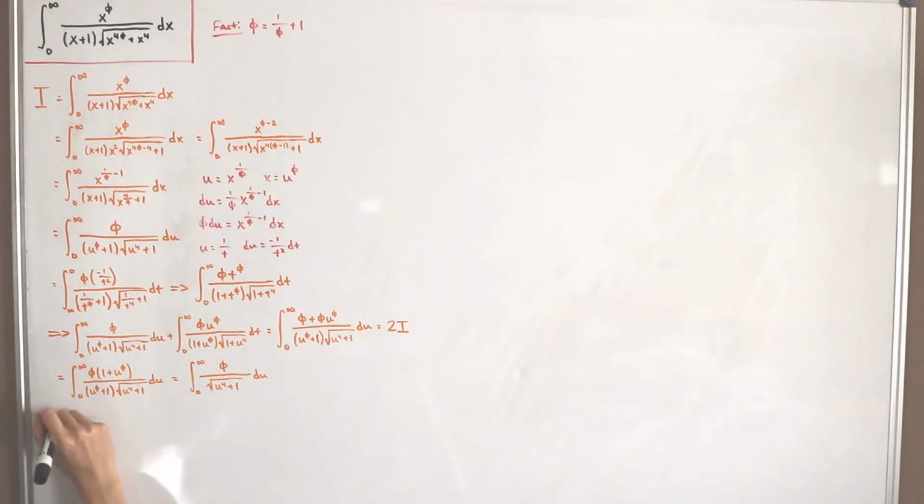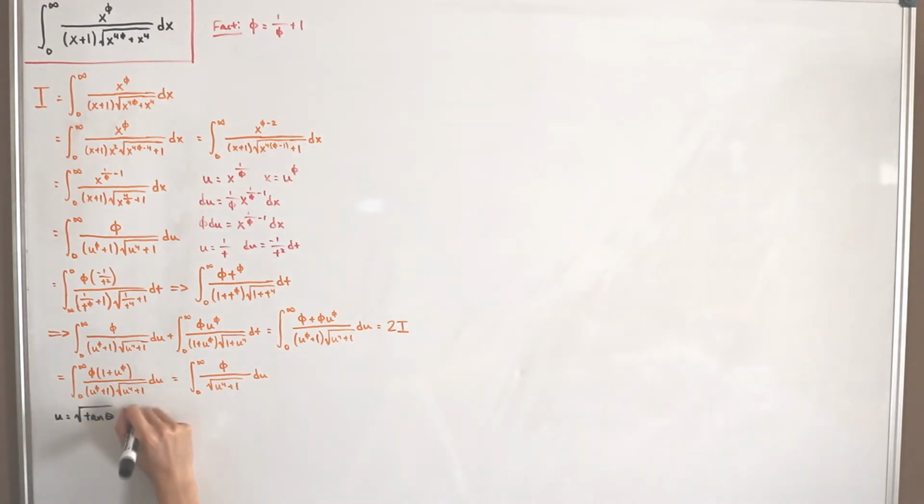Okay, so this time I'll let u equal the square root of tangent theta. Now when we differentiate both sides, I'll take the chain rule. So I'll rewrite it as tangent theta to the power 1/2.